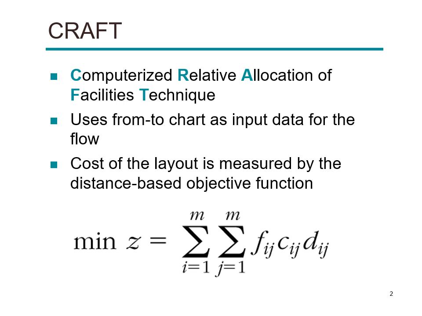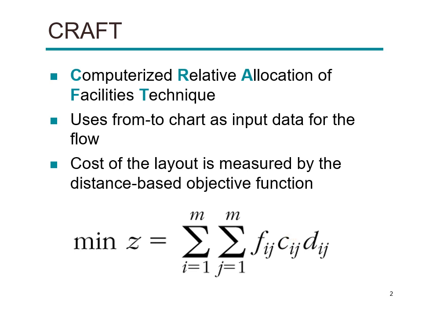CRAFT is one of the earliest algorithms in layout planning. It stands for Computerized Relative Allocation of Facilities Technique, so CRAFT is the shorthand notation for this. CRAFT uses the from-to chart as input data for the flow and uses a distance-based objective function to compare alternative layouts with each other.